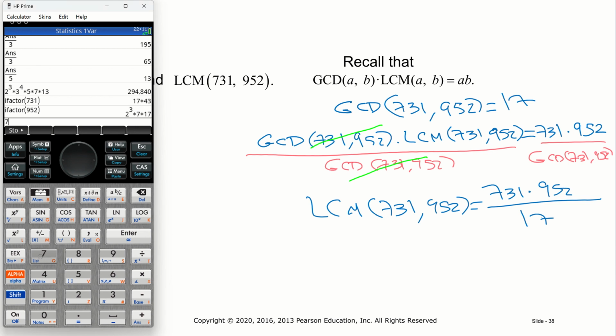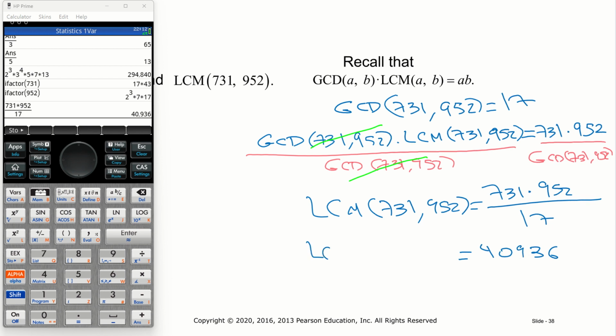So now we go to our calculator, we just do 731 times 952 divided by 17, and there we have our LCM, using the nifty fact that we learned about the relationship between the GCD and LCM of two numbers. So there is the LCM of 731 and 952.